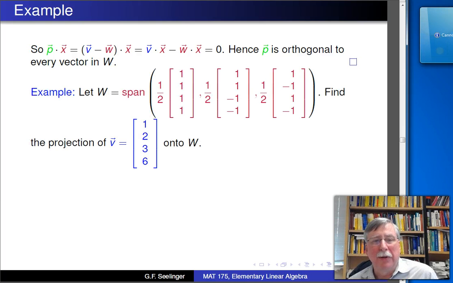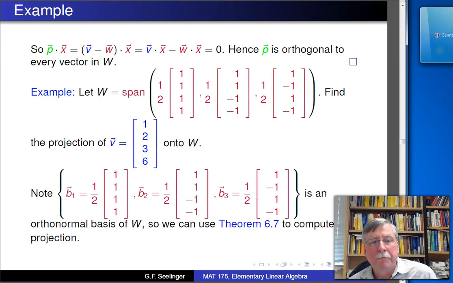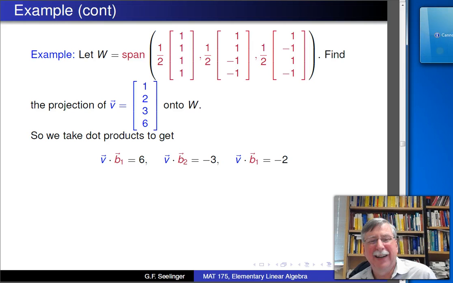So for example, here, we talked about an orthonormal basis with a 1/2 here. I've got W being the span of that, and I want to project V onto W. We can use this projection formula, and that's just a matter of taking dot products.